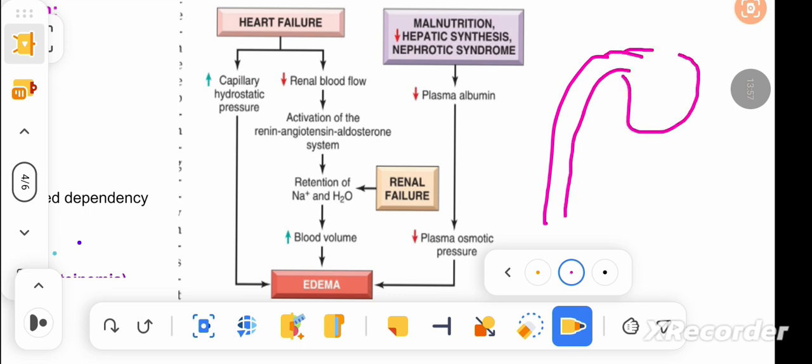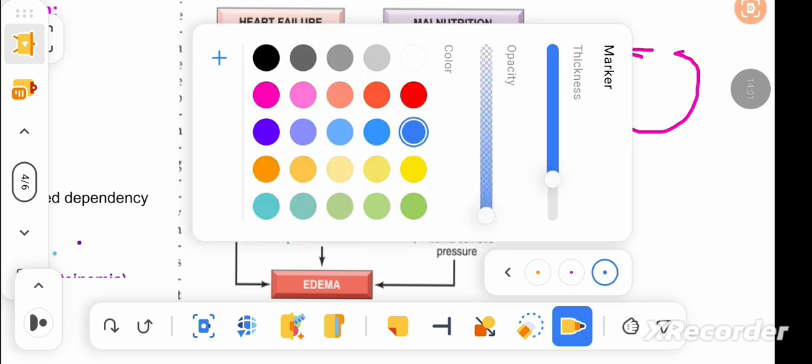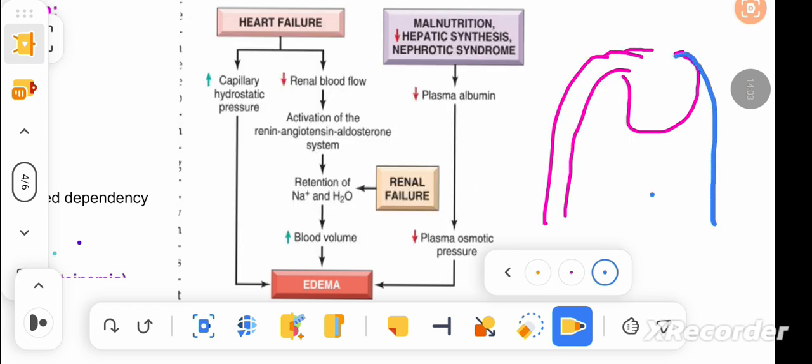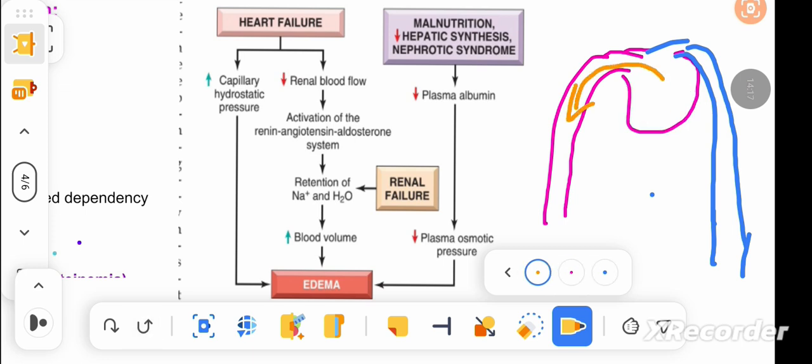So let's say this is the heart. Then from there we have the veins this side. If this heart is failing to pump blood, the blood will backflow. There will be increased hydrostatic pressure here.